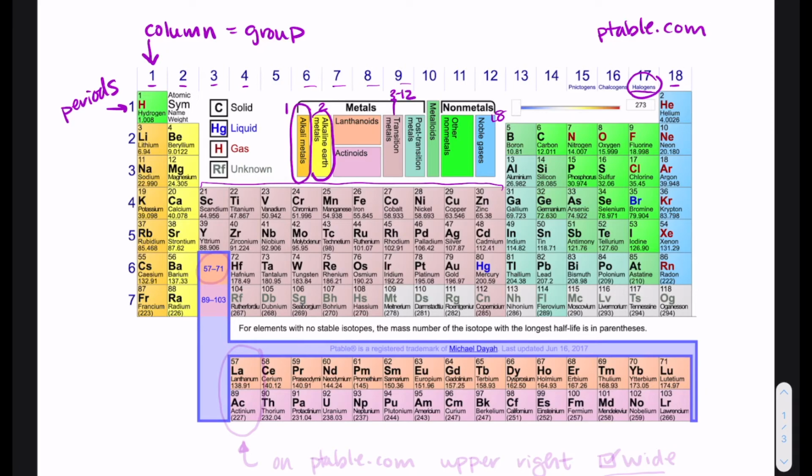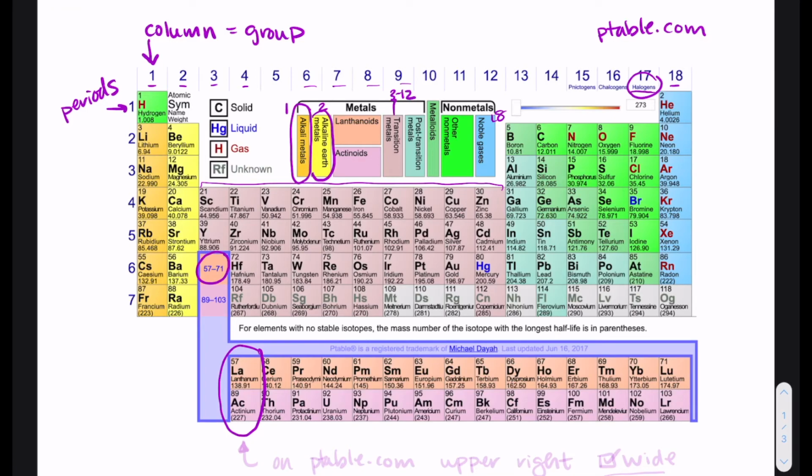You'll also notice that there's a little bit of a weird spot. The 57 through 71, around row 6, and the 89 to 103 in row 7, there's like a call out or a separated section. Now, this is a very normal format for the periodic table where we have this cute little castle block and then we have the 2 rows underneath.